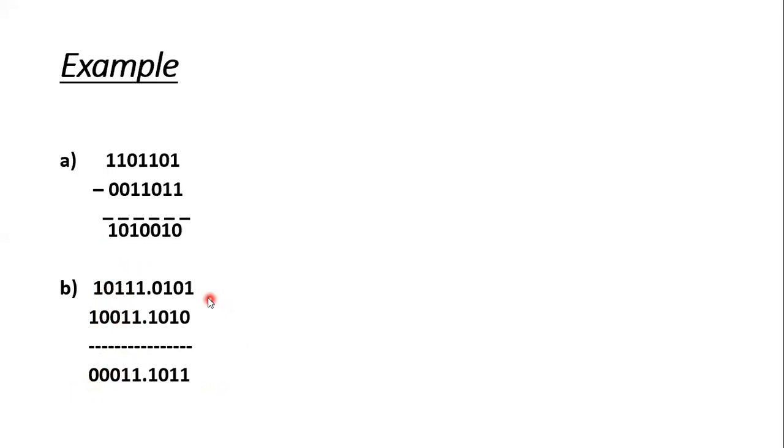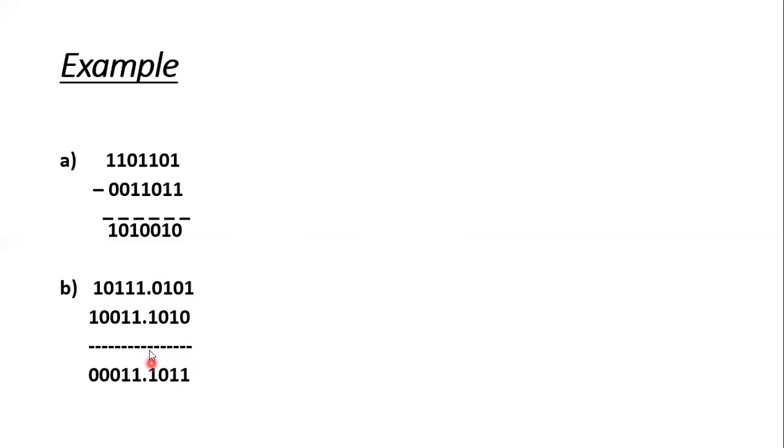Okay. So again 1 minus 0 is 1. Here 0 minus 1 means we borrow from the previous digit. Therefore the previous digit becomes 0 since we borrowed from it. So 0 minus 1 is 1. Borrow means this digit becomes 0. 0 minus 0 is 0. Again here 0 minus 1, borrow from this digit.